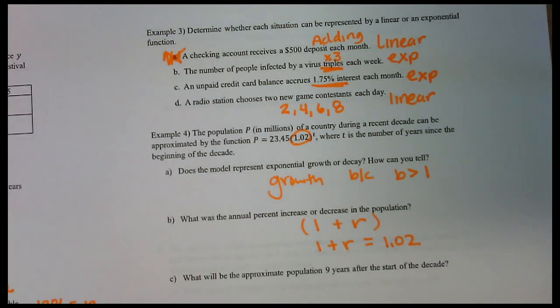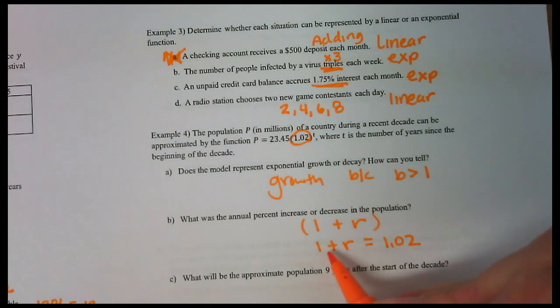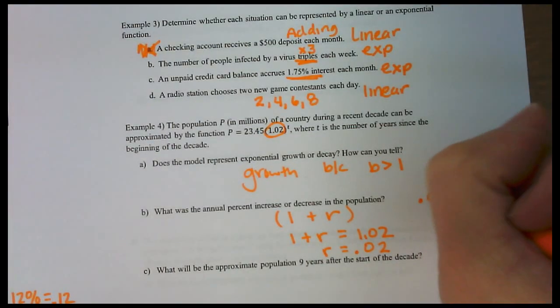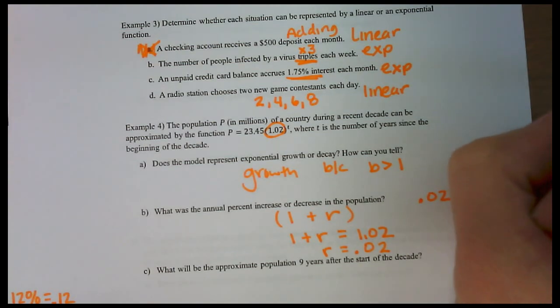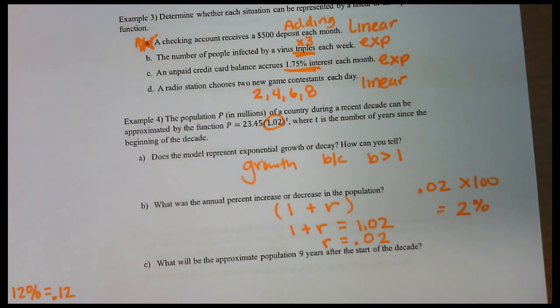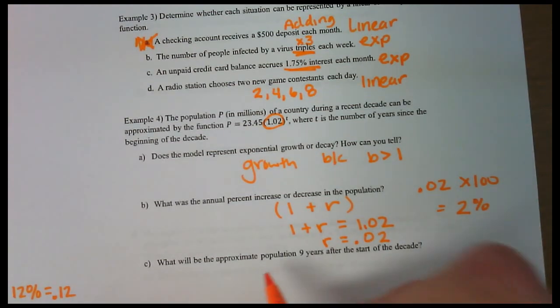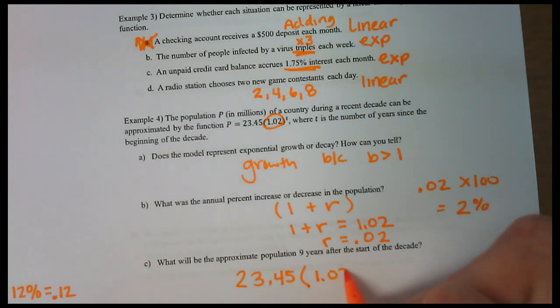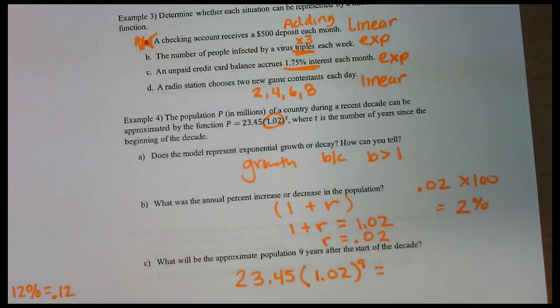So if I wanted to solve for our r value, I would have to subtract 1 from each side. So that would give me r is 0.02. How do I change 0.02 to a percent? I multiply by 100 and I get it's 2%. What will be the approximate population 9 years after the start of the decade? So I'm plugging in 9. And I just plug that into my calculator.